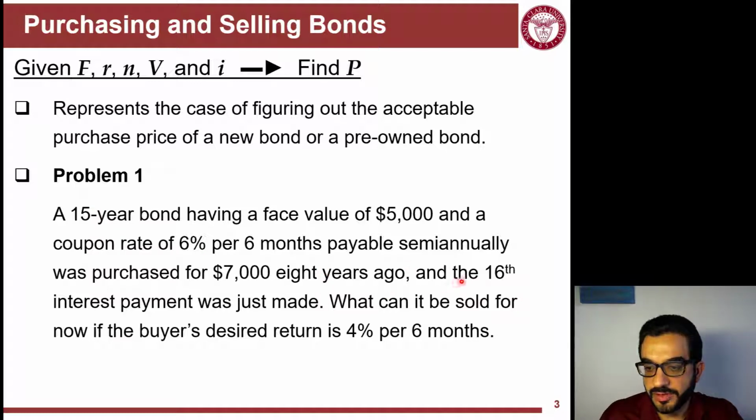The current owner of the bond already got the 16th interest payment. So what can it be sold for now? You are the buyer, and your desired rate of return here is 4% per 6 months.